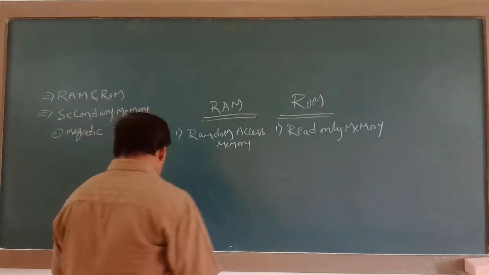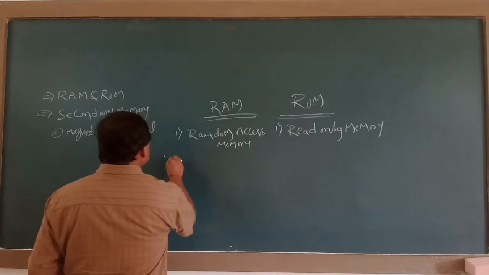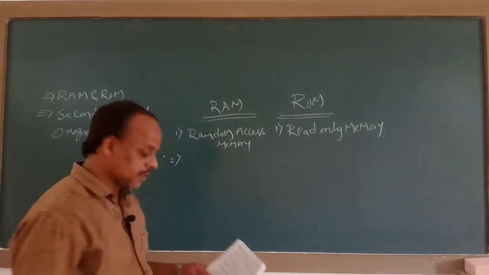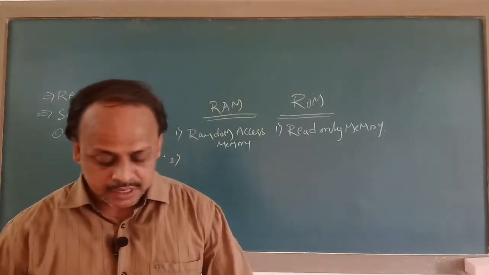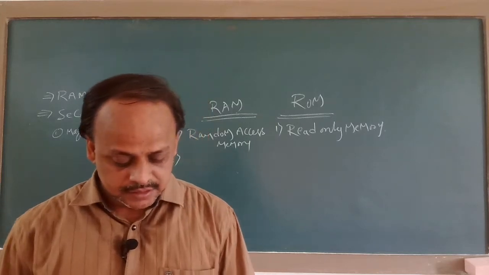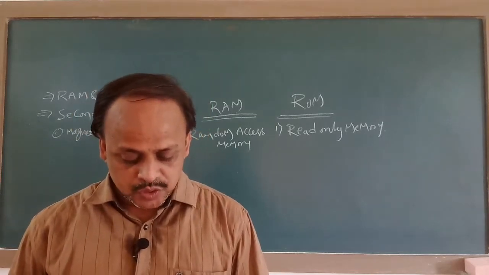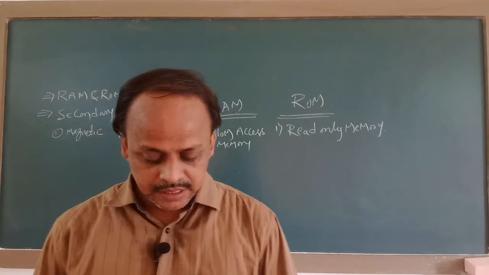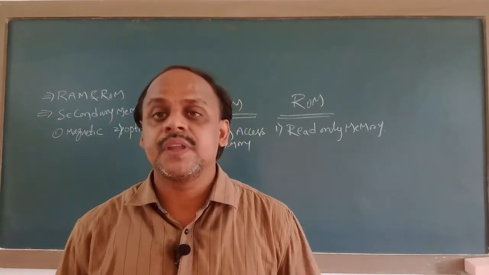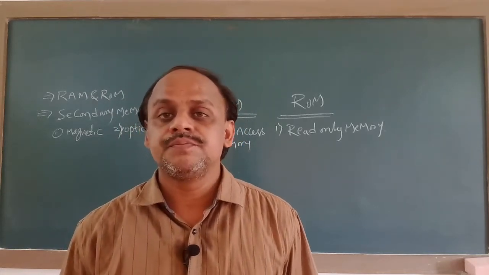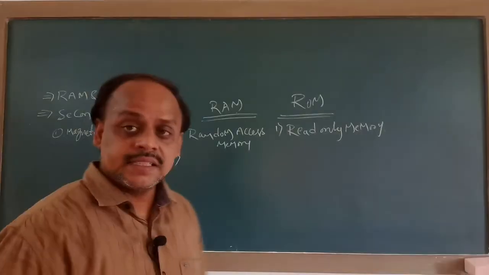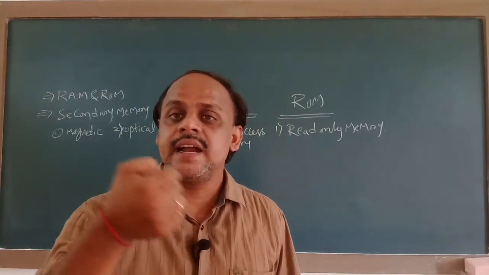The next point we can write: RAM allows the computer to read data quickly to run applications. It allows reading and writing. Means RAM contains intermediate results and final results.